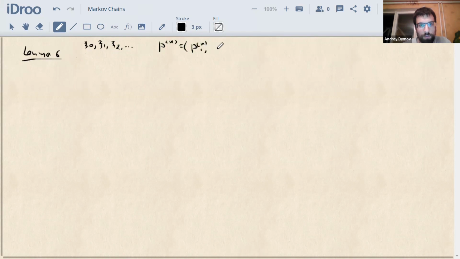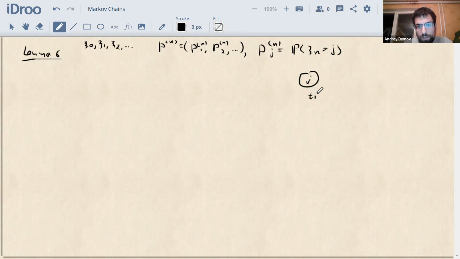It's a vector with components Pn1, Pn2, etc., where Pnj, I recall again, is the probability that xi n equals j, that at time n I am sitting at the position number j.